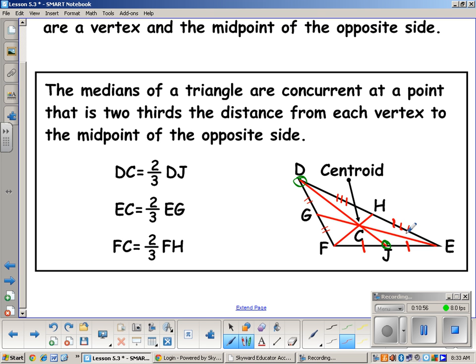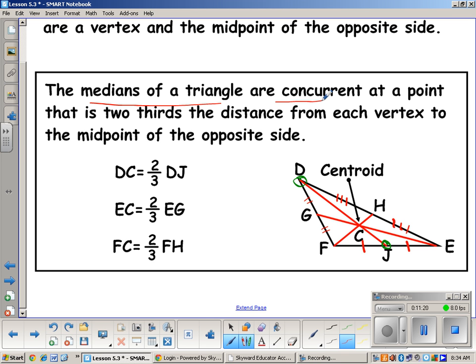So now, what's important about it? Well, the three medians will always be concurrent at a point that's 2/3 the distance from the vertex. What's that point of concurrency called?